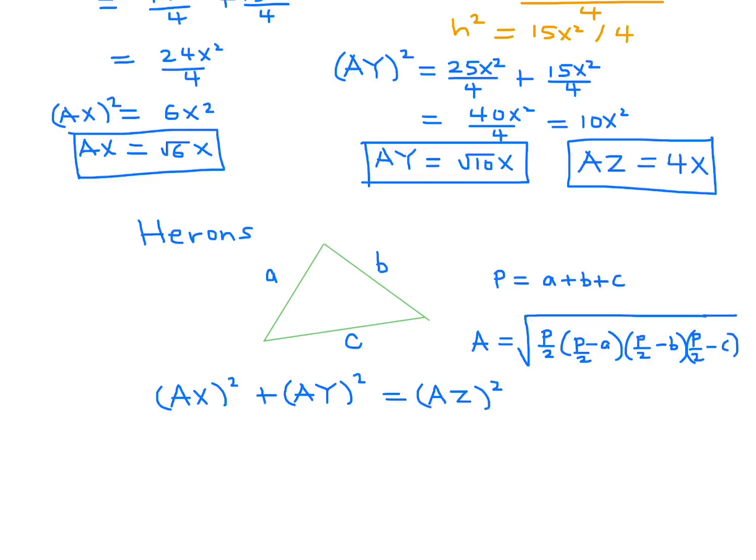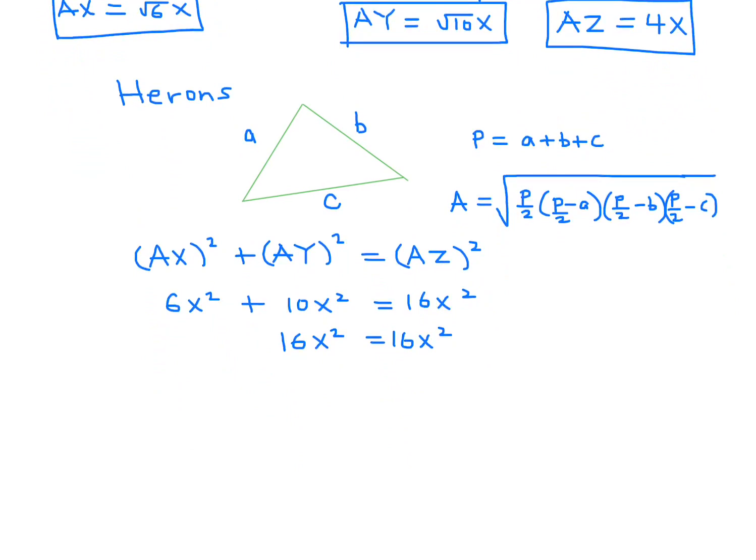Let's see here. AX squared would be 6x squared, AY is 10x squared, and AZ is 16x squared. Yeah, it does. There you go. So this is a right triangle. Very nice. So that means you don't need Heron's. Well, doesn't break my heart, that's for sure.